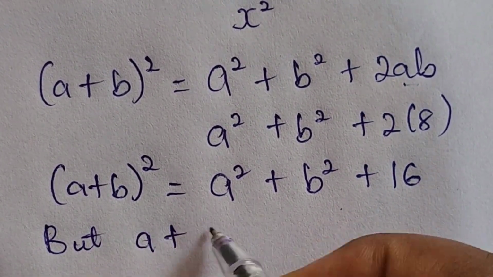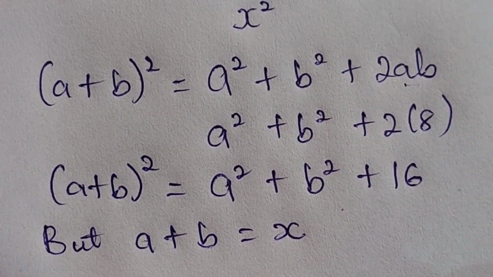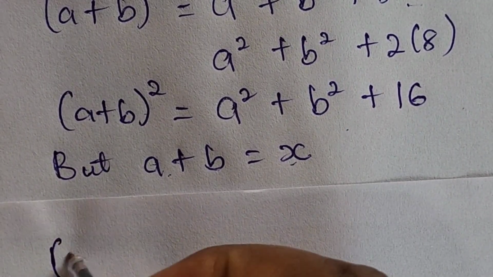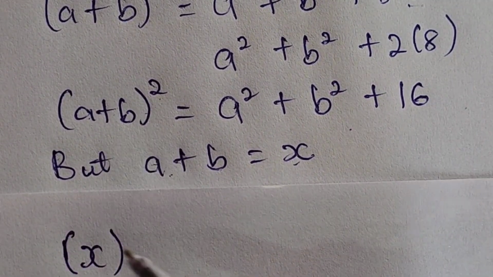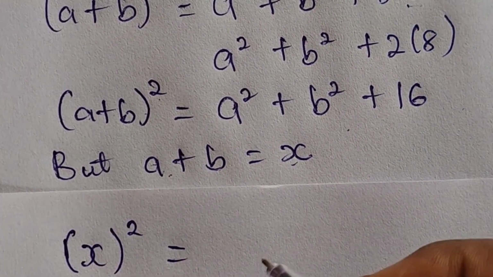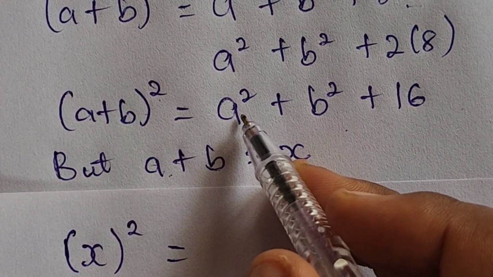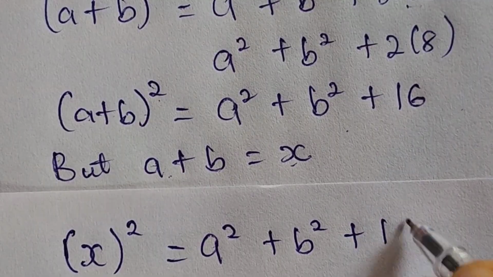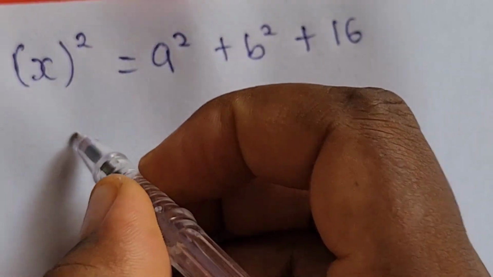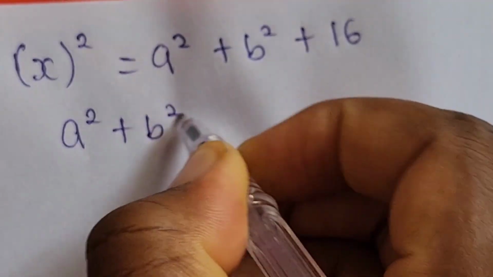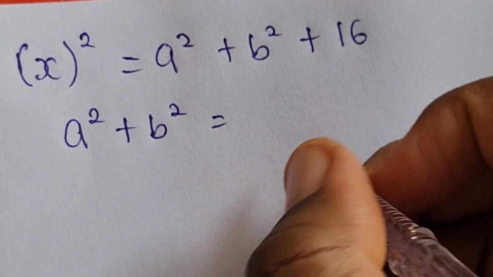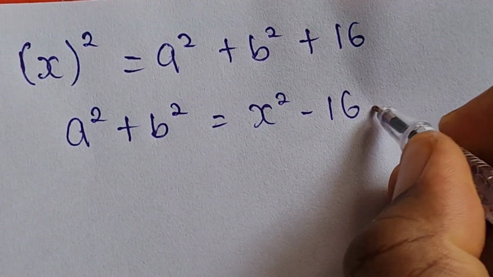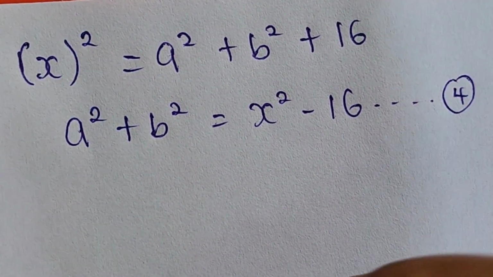But our a plus b is equal to x. So x to the power 2 is equal to a squared plus b squared plus 16. We have that a squared plus b squared is equal to x squared minus 16. So we'll call this equation 4.